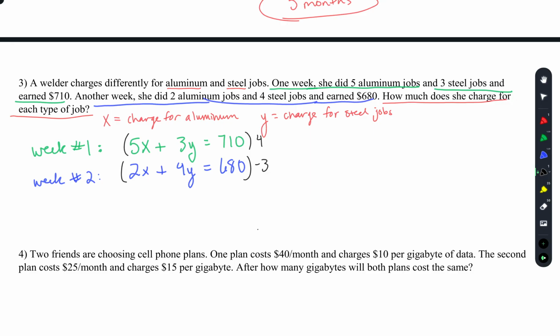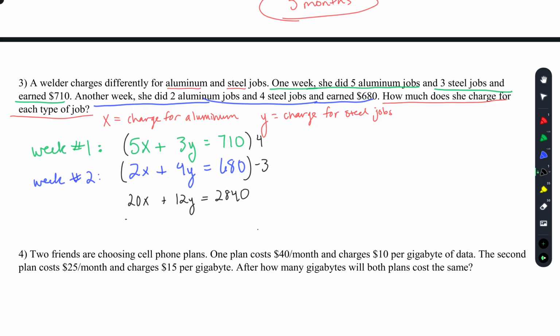And then these numbers are going to get big fast. Woohoo! This is going to be fun. Okay, what do we get? 20x plus 12y equals 2,840. Oh my gosh, I'm the smartest person ever. Okay, 2,840.